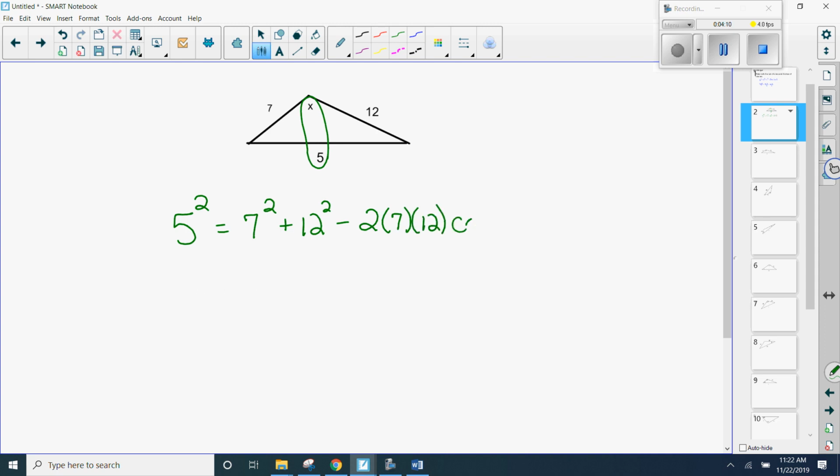And then we're going to have the cosine of angle x. Does it matter what numbers you put there? The 7 and the 12 can switch, but the 5 has to be that A value. Yep. This right here and this right here should be your pair.